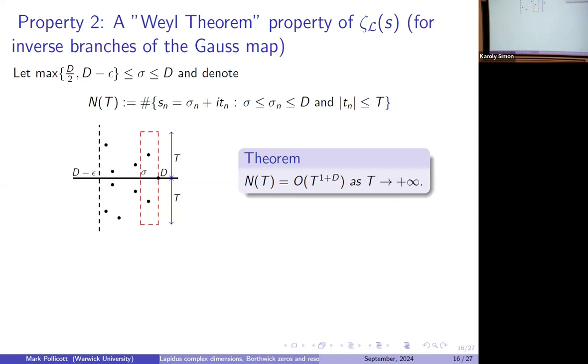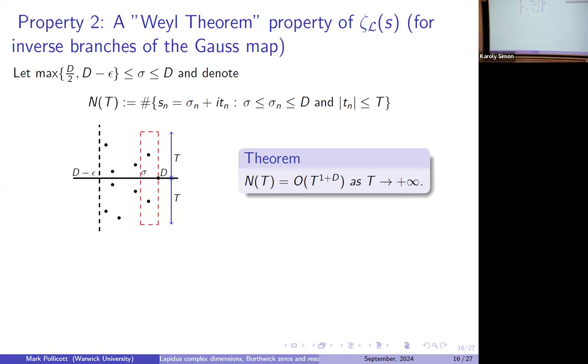I've only drawn one box, but the next box would have the same width but increasing height. And then what happens is that the number of poles grows like T to the 1 plus D, where D is the dimension again. So it grows in a controlled way, or at least in a bounded way, as T tends to infinity.